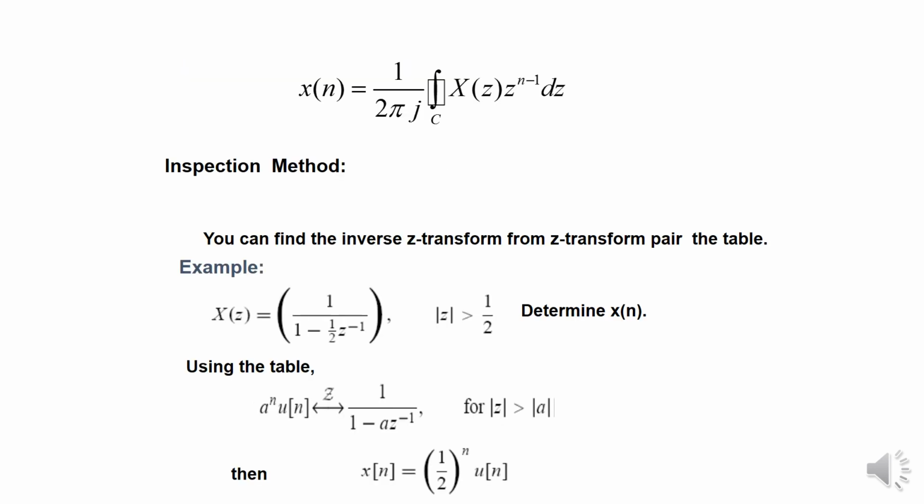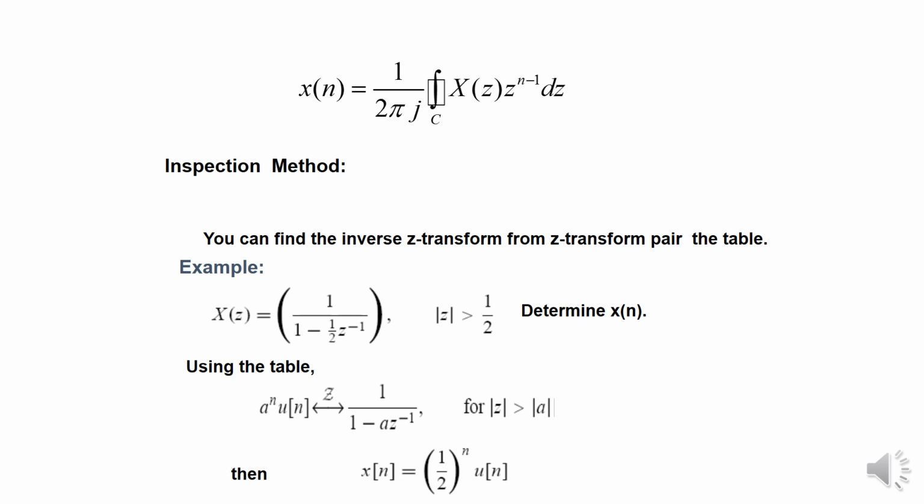At the top of the page, you can see x[n] equals 1 over 2πj times the integration of X(z) z^(n-1) dz. This is the inverse Z transform equation. When you know X(z), you can find x[n]. But remember, we rarely use this equation to find the inverse Z transform.